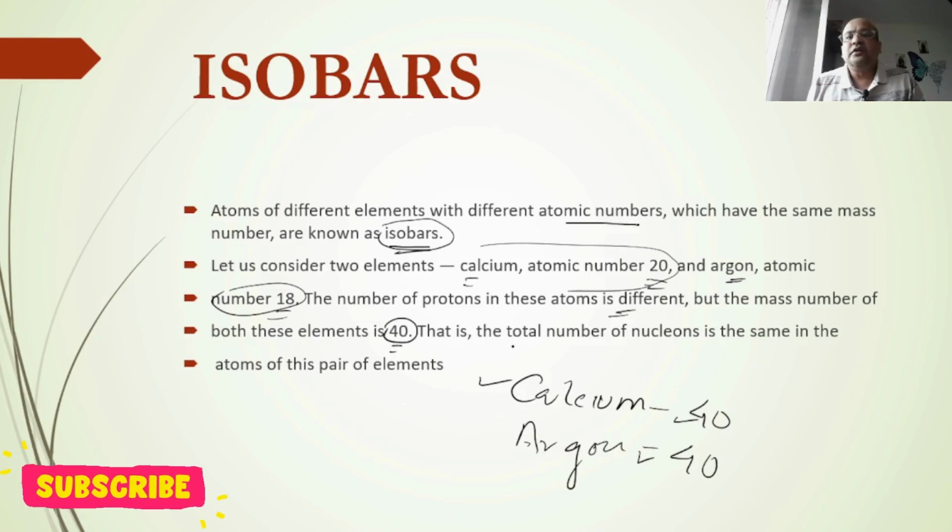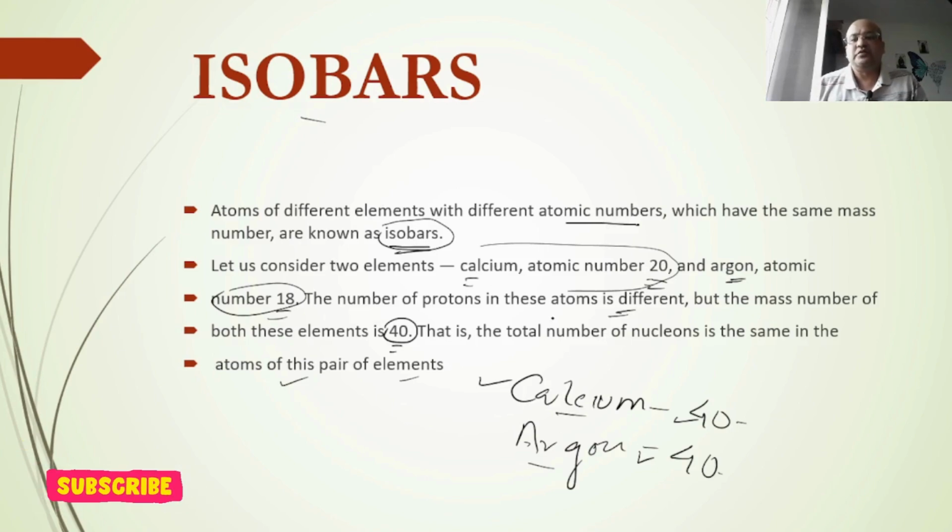So the total number of nucleons is the same in the atoms of this pair of elements. Why? Because the number of neutrons will be different in the two elements, but the sum you get is 40 in each case. So the total number of nucleons will be the same for calcium and argon. So that's what isobars are all about.